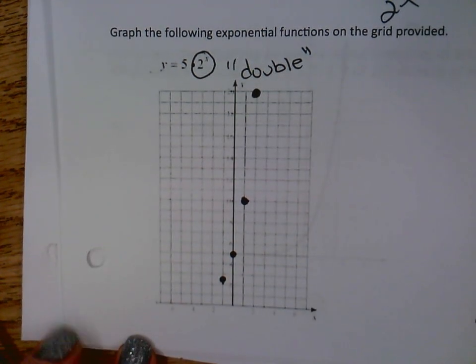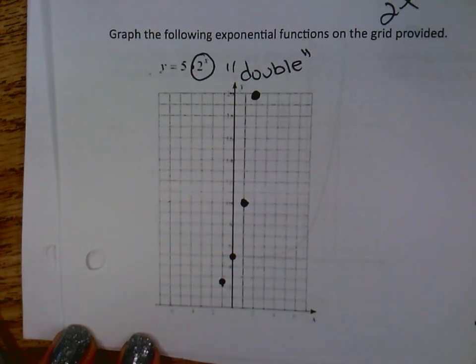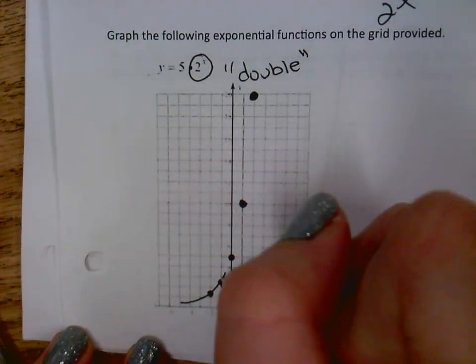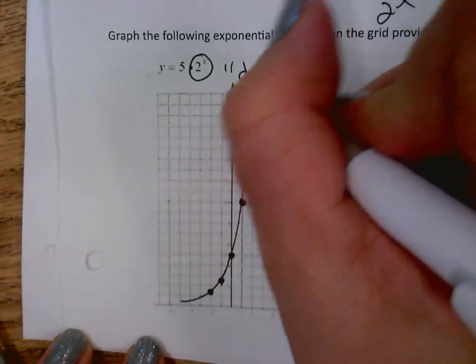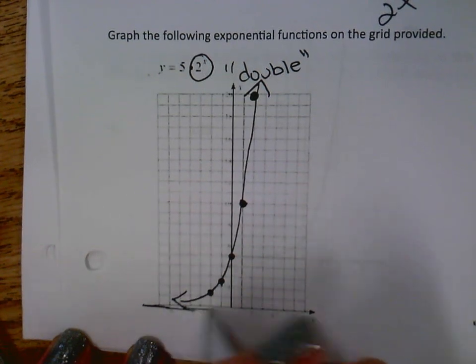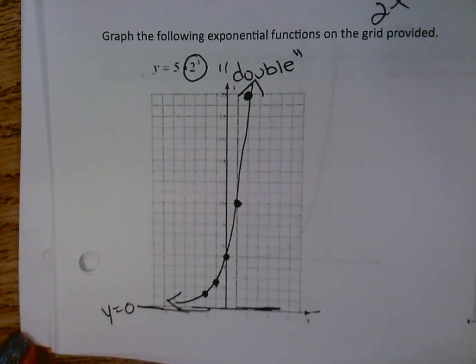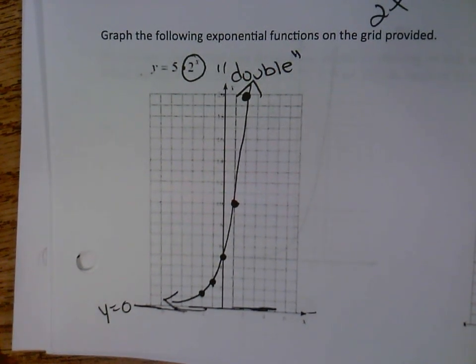If you have $2.50, what's half of that? $1.25. So I'm about there, and I'm just going to get smaller. I'm going to try to shoot up like that. And then remember, it plateaus here, so you should not go below y equals 0. I feel like this is an easier strategy if you can wrap your brain around the y-intercept and doubling it. But it's different from the transformation strategy that we're going to review after lunch.